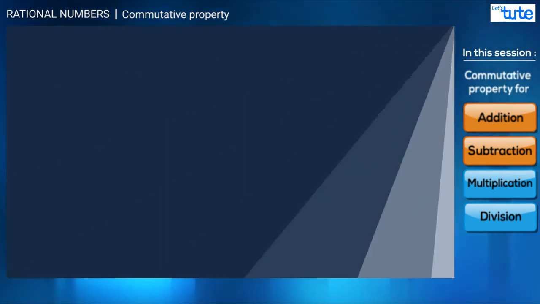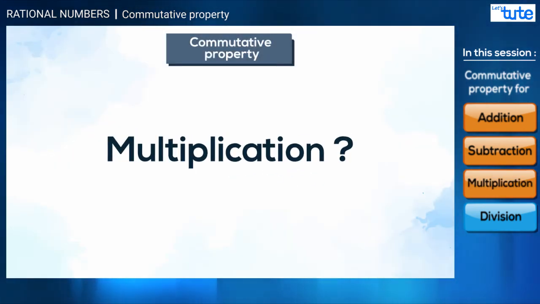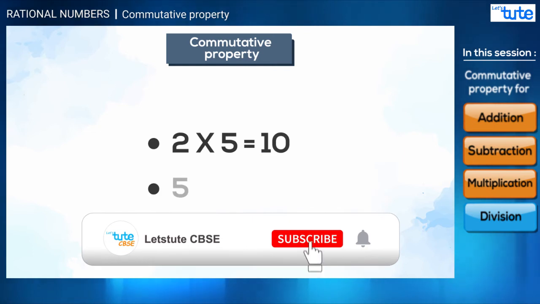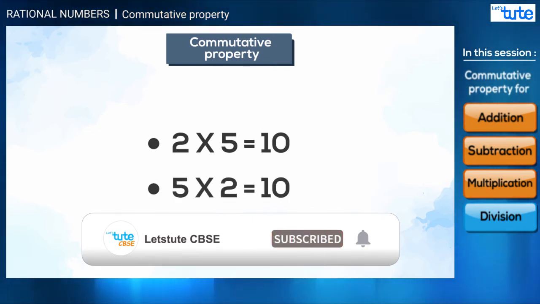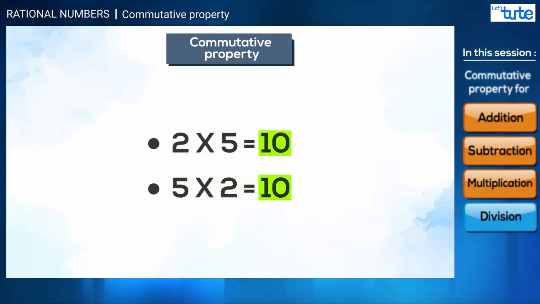Let us see if multiplication is commutative. Look at this example. We can see either we multiply 2 with 5 or 5 with 2, we are going to get 10. Means ultimately the result will be the same for both the expressions. This means even if we change the order of numbers, the result will remain the same.